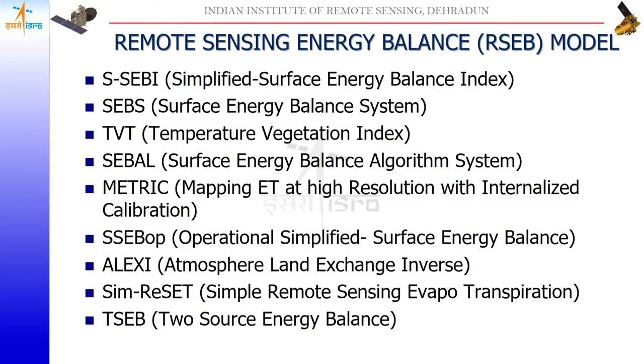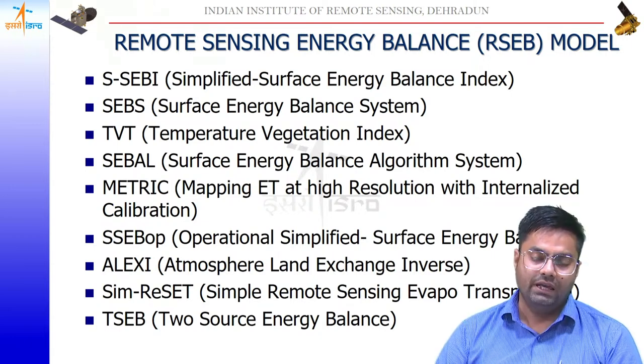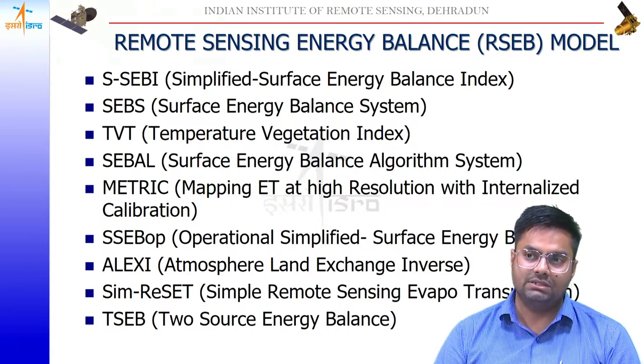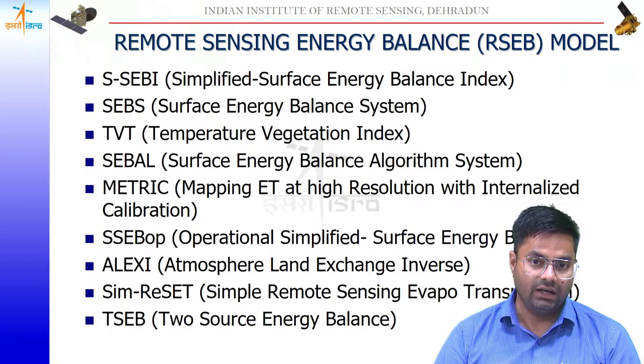So that is a major difference between one source and two source. The different surface energy balance models are also classified on the basis of what kind of approach we are using. There are two types of approach. One approach is the scatter plot based approach, and the second is the anchor pixel approach. If we use scatter plot, it means scatter plotting of two different data sets, one on the y-axis and another on the x-axis.